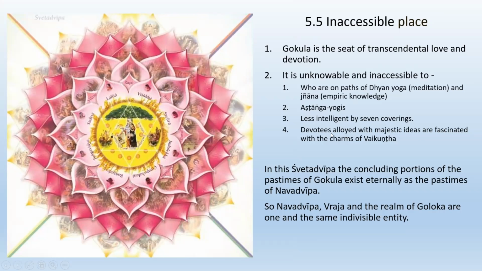So different kinds of people are prevented from going there; for them it is inaccessible for different reasons. And the karmis, the third item here, the less intelligent, are covered by the 7 coverings. How do earth, water, all those things become coverings, Prabhuji? Because they are in the material universe, and the material universe is covered by these 7 coverings, Mataji.